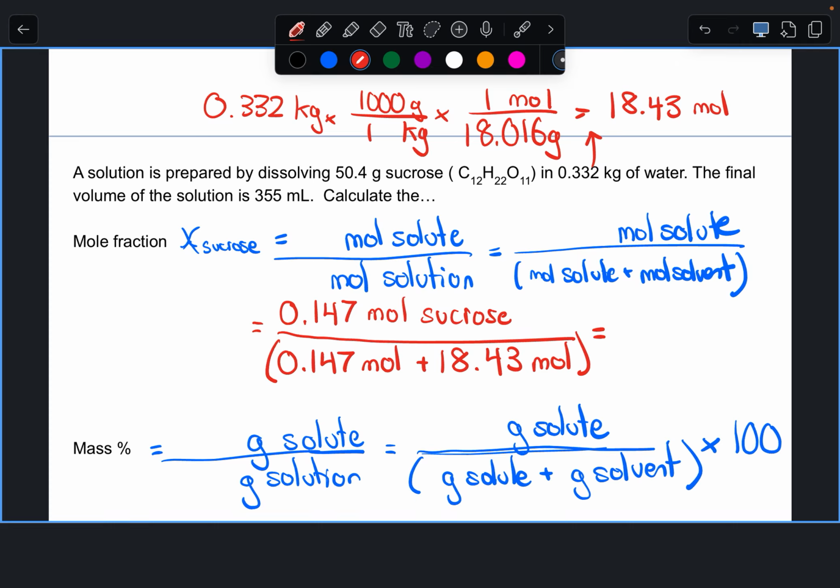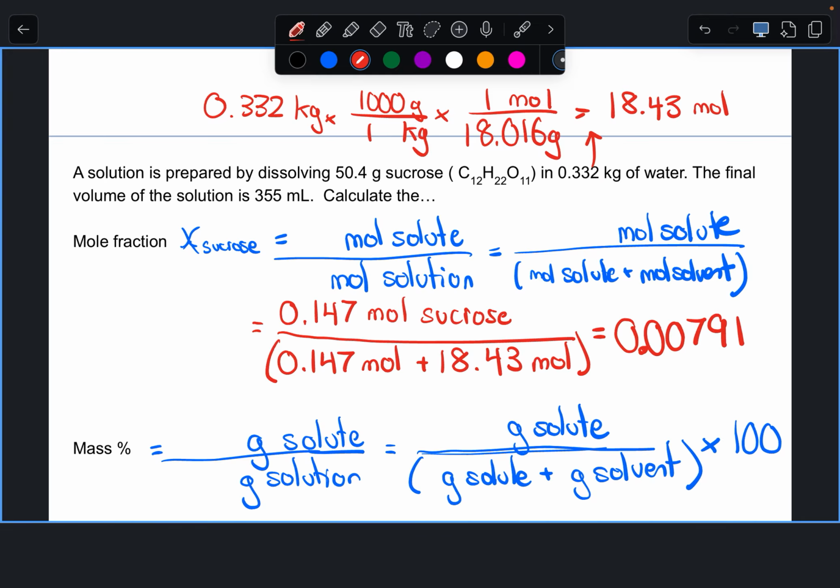All right, so the mole fraction here, 0.00791. Now, we don't usually write units with this because it's moles over moles. We kind of think of them as canceling out. Usually it would just be expressed as mole fraction equals 0.00791. If you wanted to write a unit, you would write mole sucrose over mole solution.